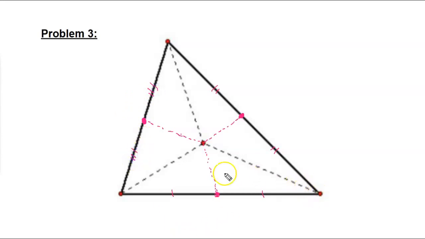So this is connecting a vertex to a midpoint, and we said that we called those segments the medians. So if you find where the medians are all concurrent, where they all intersect, this is going to give you the center of a triangle that is basically its center of gravity, and we call that point the centroid.